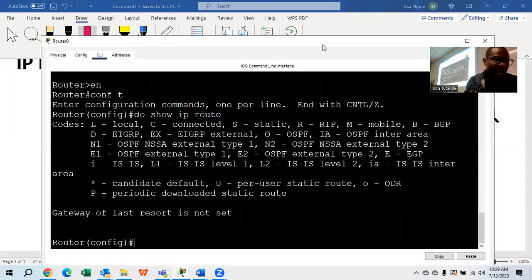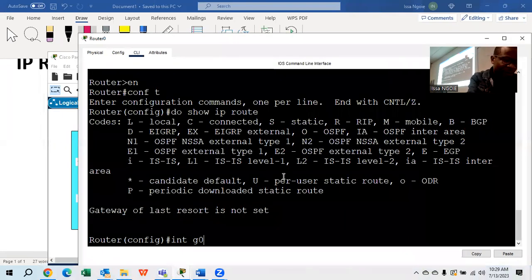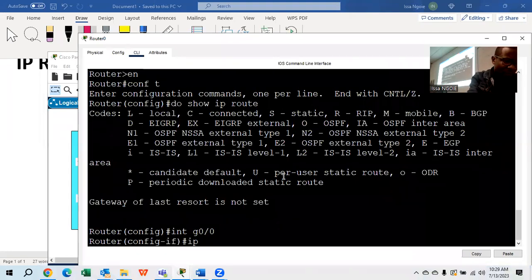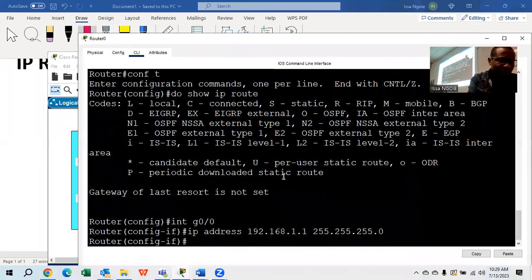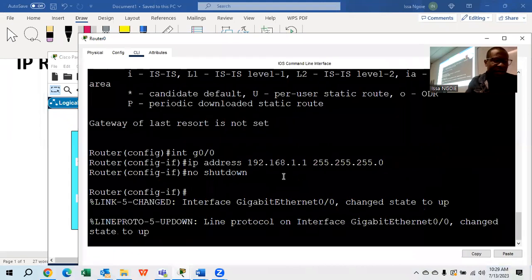Now we're gonna use interface gigabit 0/0. My IP address, 192.168.1.1, my subnet mask. No shutdown, all right?